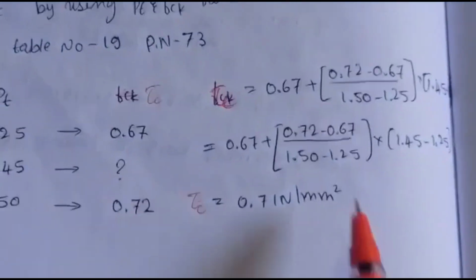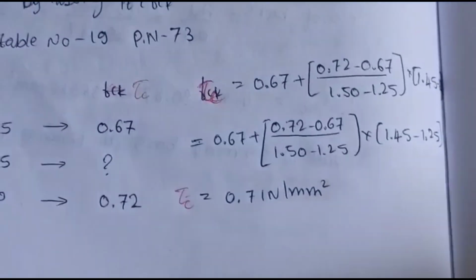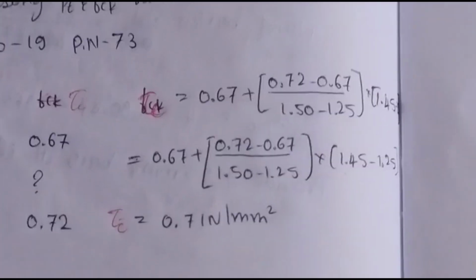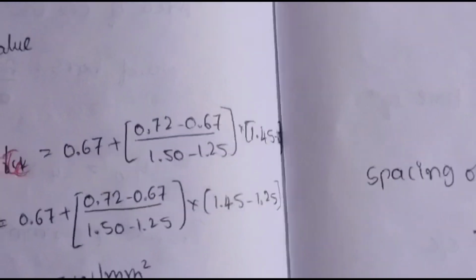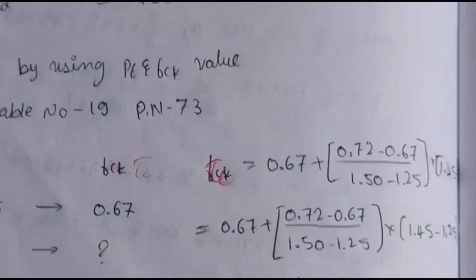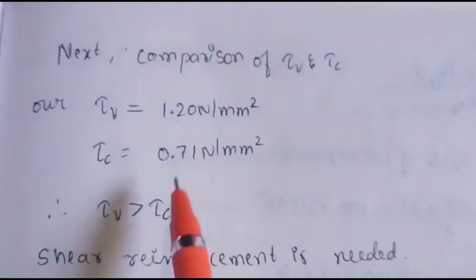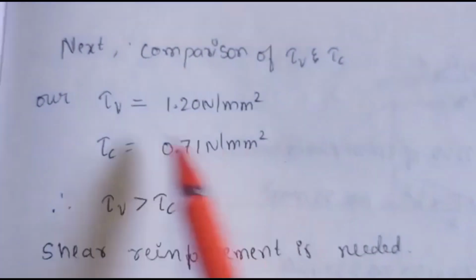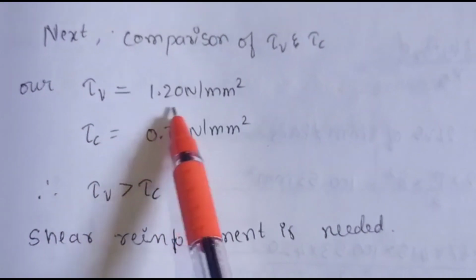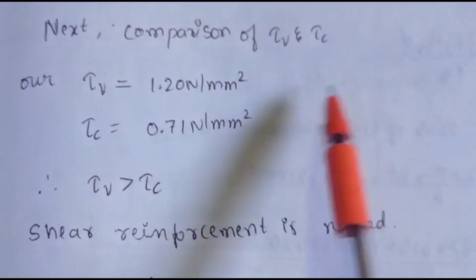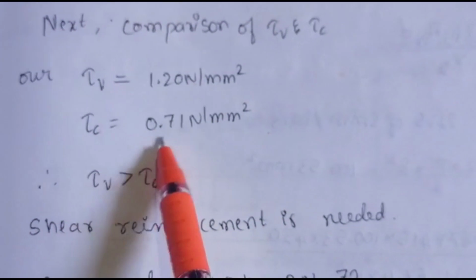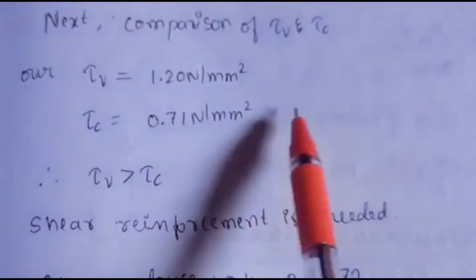I hope you guys understand. After this we'll go for the comparison of tau v and tau c. Our tau v value is 1.20 Newton per mm square and our tau c value is 0.71 Newton per mm square, which we have got.